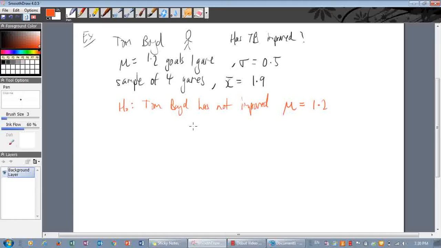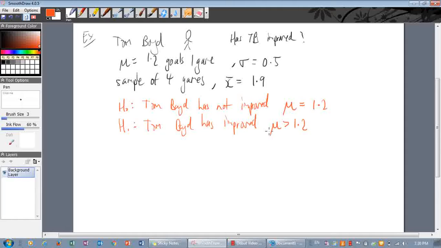So nothing has changed. The alternative hypothesis is that Tom Boyd has improved. The way we'd write this mathematically is that mu has got bigger than 1.2. It's increased.